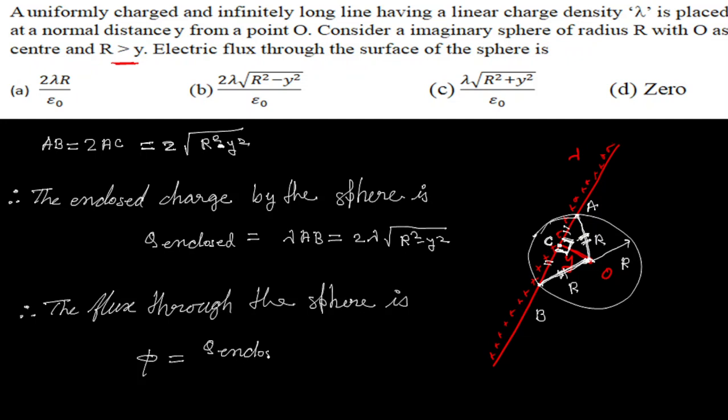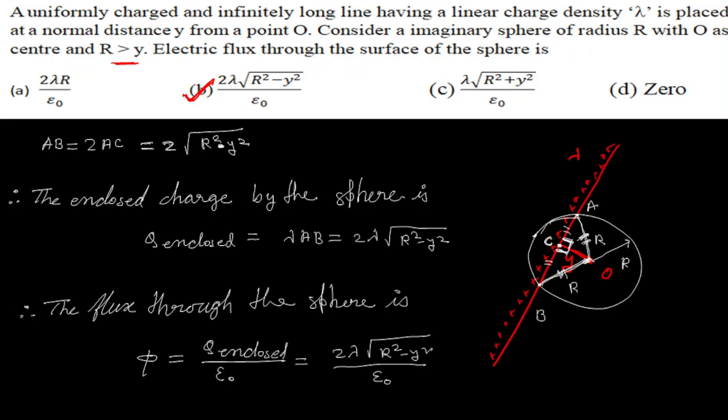According to Gauss, for a closed surface, and we know the enclosed charge, so we can write flux equals Q enclosed divided by epsilon naught, and that will give you 2 lambda under root of R square minus Y square divided by epsilon naught, and that will be the flux. So what will be our correct answer? Correct answer will be option B.